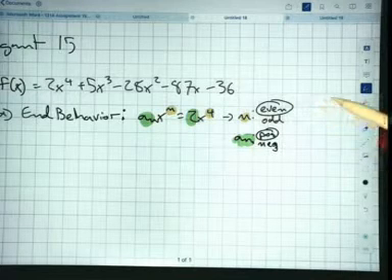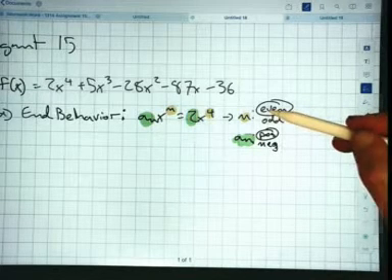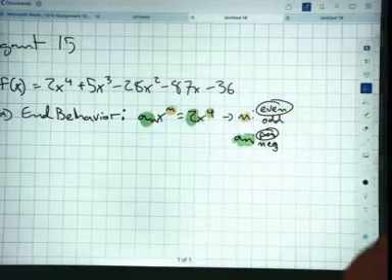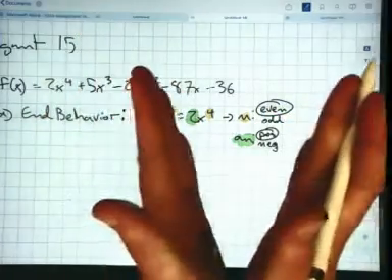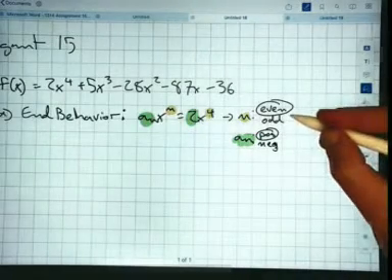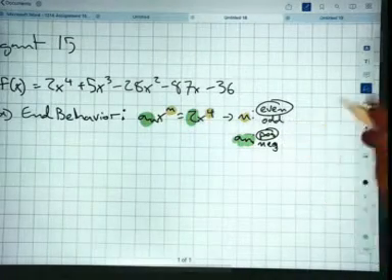So a couple of tricks that I remember. Even, I see that b has this same end behavior. It's going up on both sides. So we're dealing with same end behavior, and it's positive.